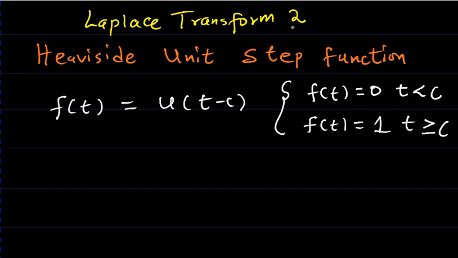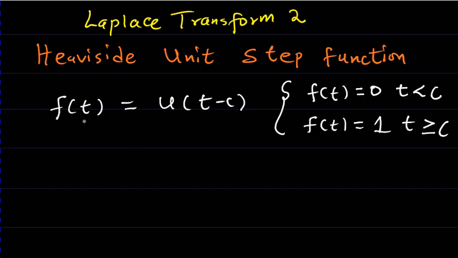Laplace transform part 2. In this series of videos, we're going to be discussing the Heaviside unit step function. So, what is a Heaviside unit step function? Now, the Heaviside unit step function is actually a function of time, which turns on another function at a particular interval of time.